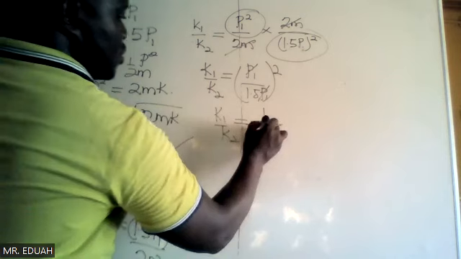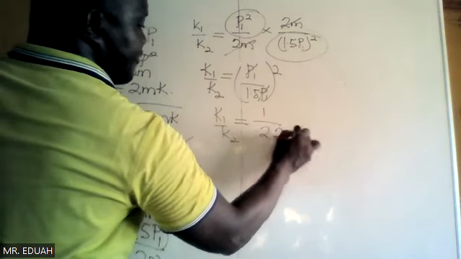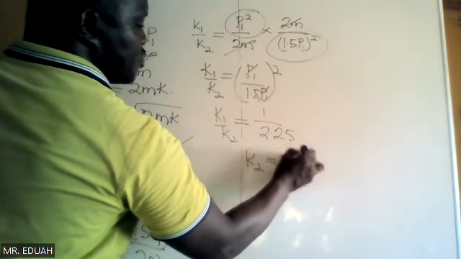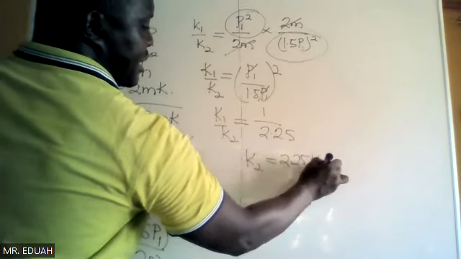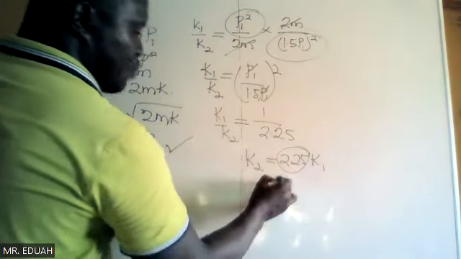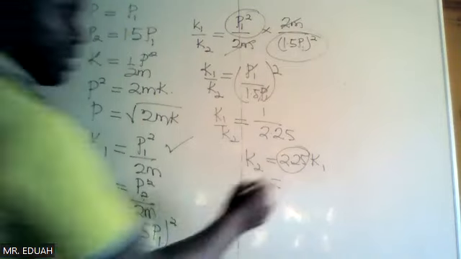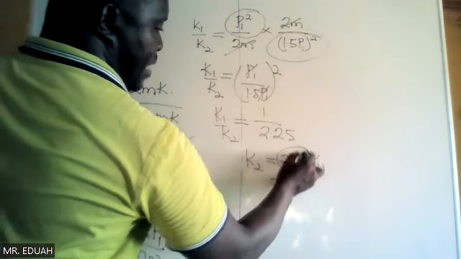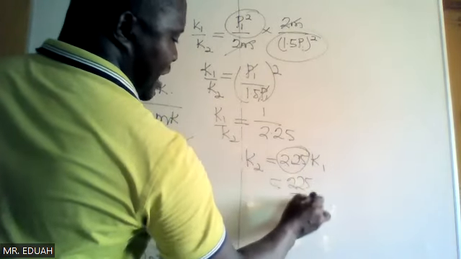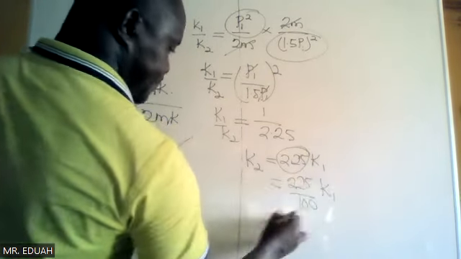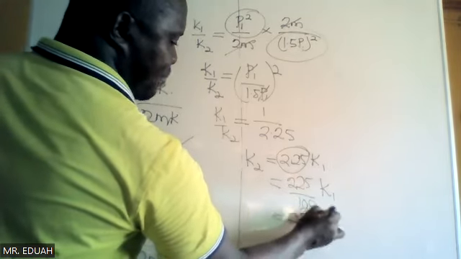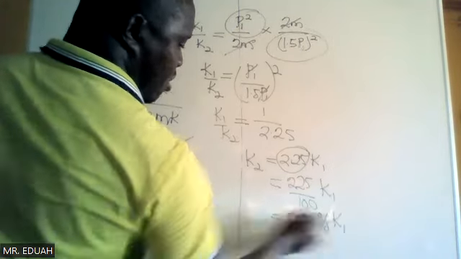So this is 2.25. Therefore, when you make K2 the subject, you have 2.25 K1. And let's express 2.25 as a percentage: 225 over 100 times K1. And so it means this is 225% of K1.